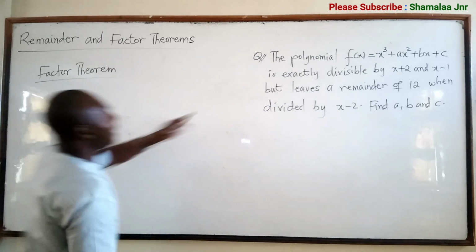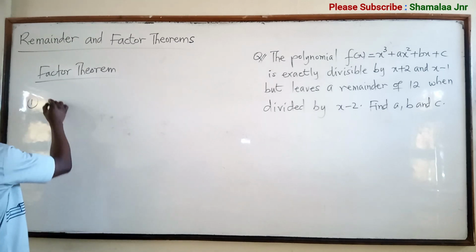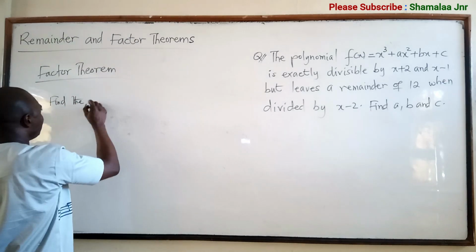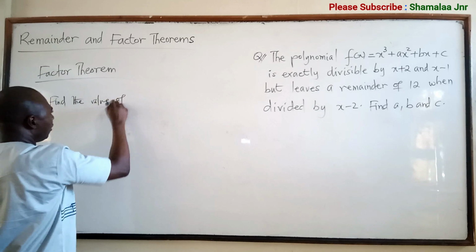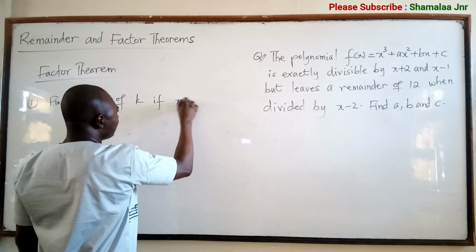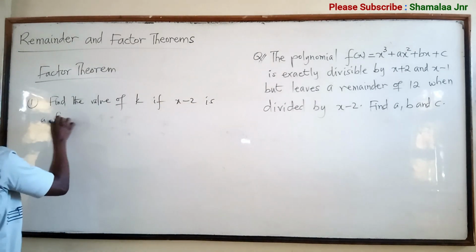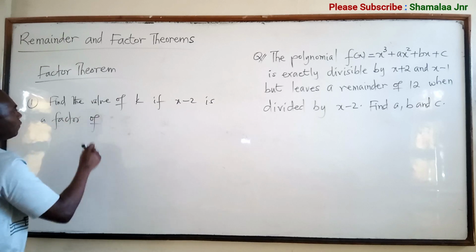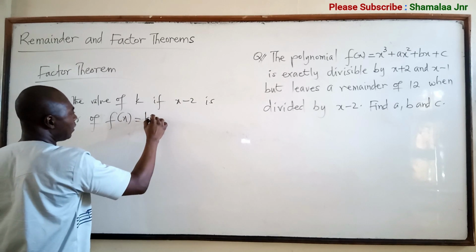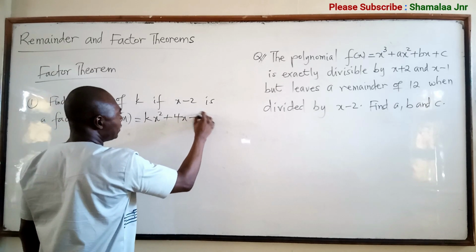Let us look at this last question. You can say question number 1. Find the value of k if x minus 2 is a factor of f of x equal to k x squared plus 4x minus 8.